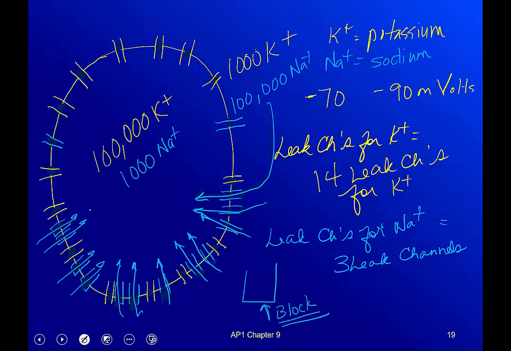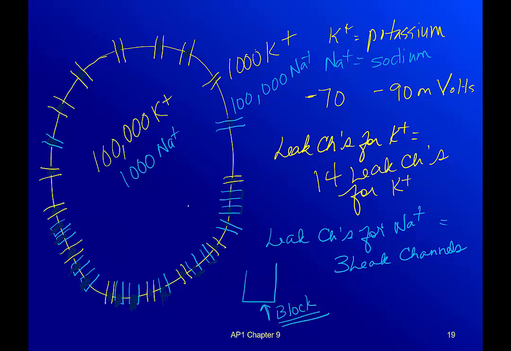Okay, so again, going back, here I had all of these voltage-gated sodium channels that opened up to allow all of this sodium to rush into my cell, right? Well, I also have the voltage-gated potassium channels, and while I only had a few of the leak channels, I have all of these extra voltage-gated potassium channels as well.